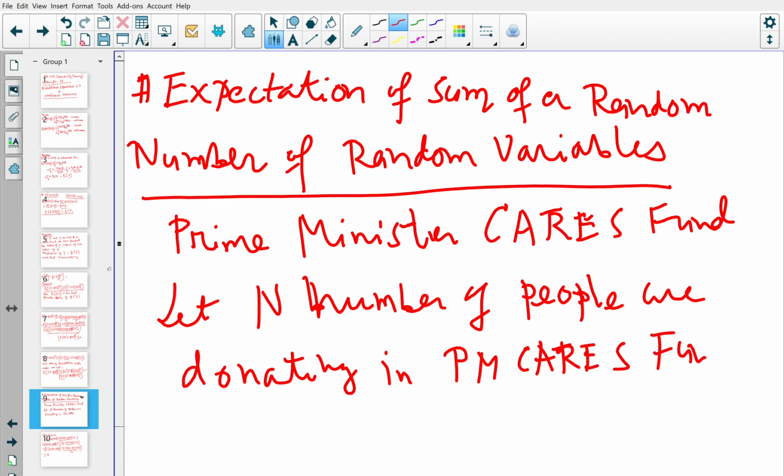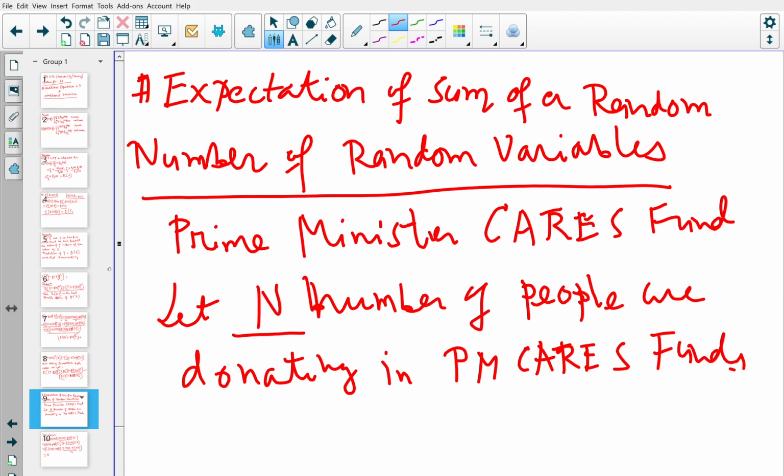And this n is actually a random variable, so you don't know the exact number of people. It can be less or more. So n is a random variable which counts the number of people who are donating. Let me assume that we have a homogeneous population.